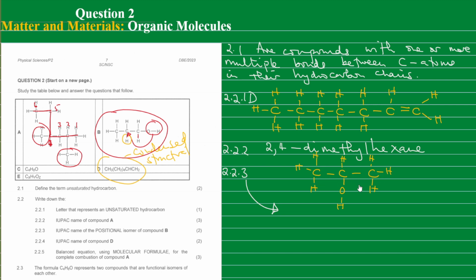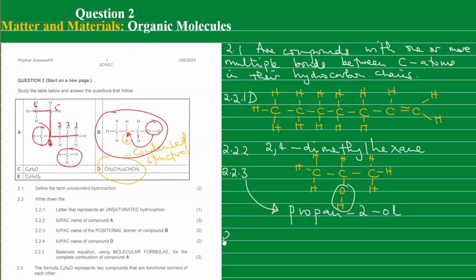Okay, propanol. But where is our hydroxyl? Our hydroxyl is on carbon number 2. So we write it as propan-2-ol. The position of the substituent is indicated by the 2. So the IUPAC name is propan-2-ol.